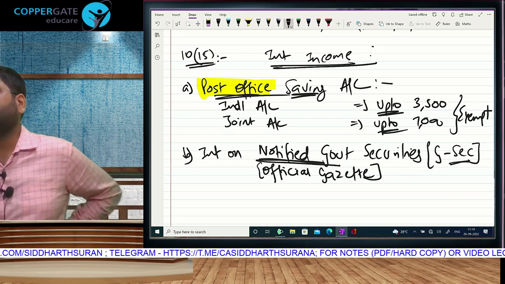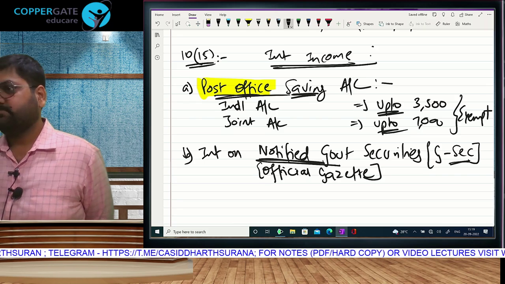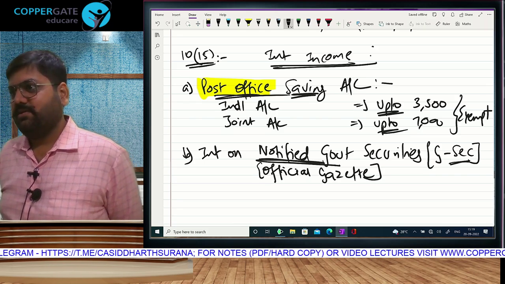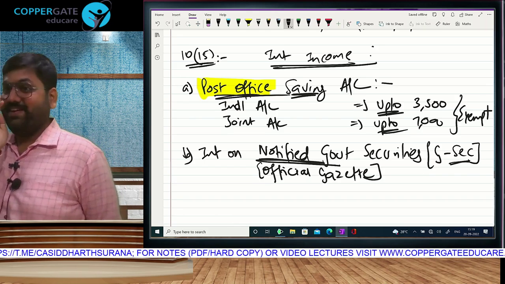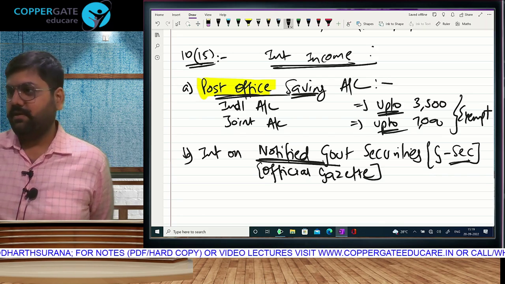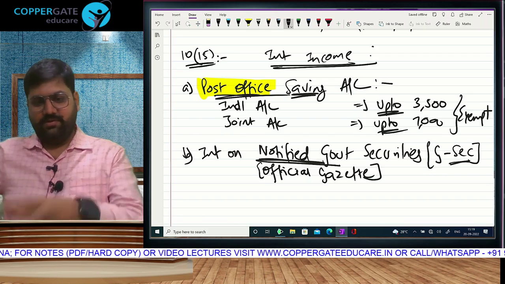What is official gazette? Official government announcements. If government wants to make any announcement, ऐसा घर घर आके it will not make announcement. मोदी जी है, मोदी जी कुछ भी कर सकते हैं. यू कैन जस्ट सिंपली से 8 बजे आ रहा हूं.